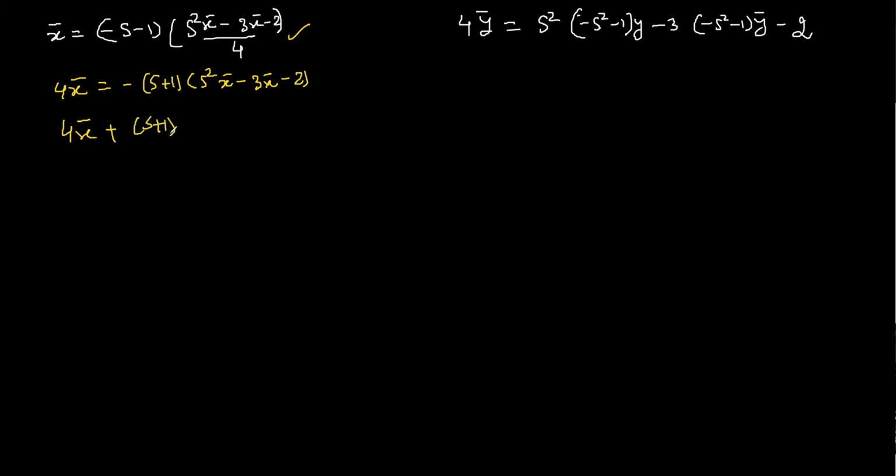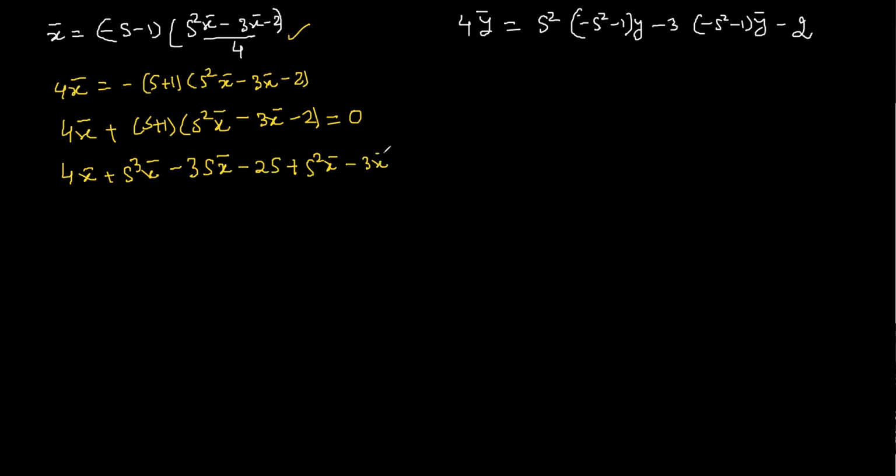Anyhow, you have to find x bar and y bar. Right? It's up to you how you are finding. Is equal to 0. When you open the bracket, s cube x bar, 3 s square x bar minus 2s. Understood? This is highest power. This is second highest.